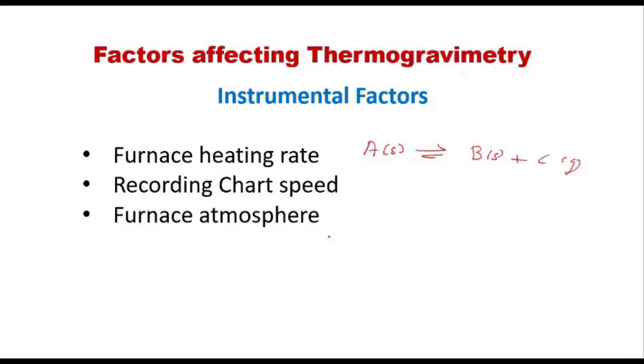Now, if the atmosphere in the furnace has the same gas that is evolved during the analysis, you know Le Chatelier's principle, the equilibrium will shift towards the left. If you have the same gas in the furnace, then since this is a reaction which is at equilibrium, the equilibrium will shift towards the left.